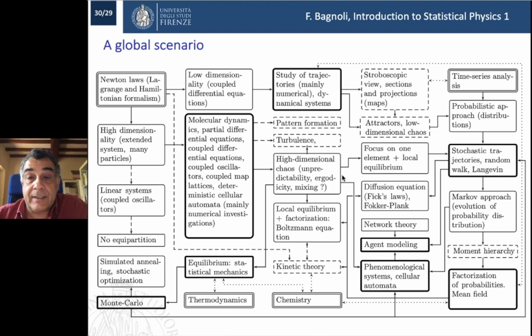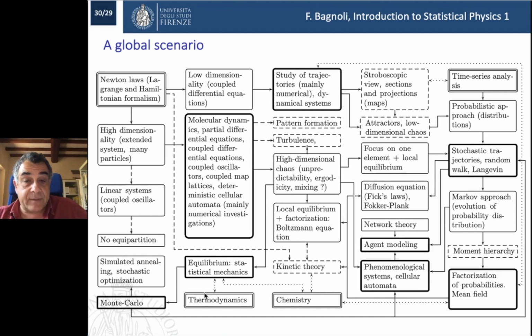And clearly from all this one can arrive at the problem of mean field, the tool of mean field, which is a way of dealing with the averages of Markov processes. And clearly this is related to chemistry, to thermodynamics and to phenomenological systems like cellular automata, agent-based modeling, network theory. So a lot of different methods.